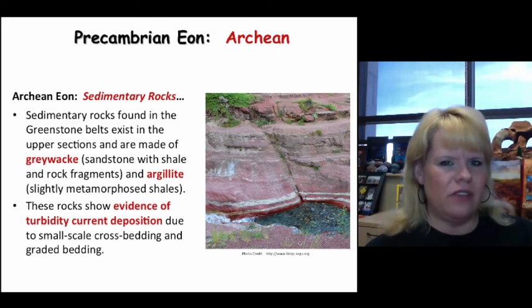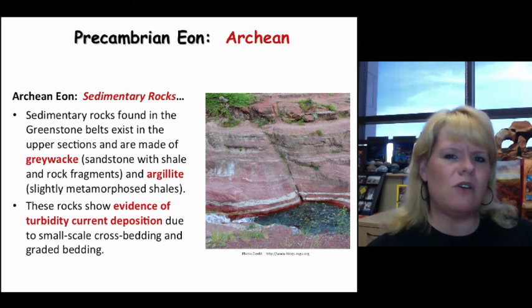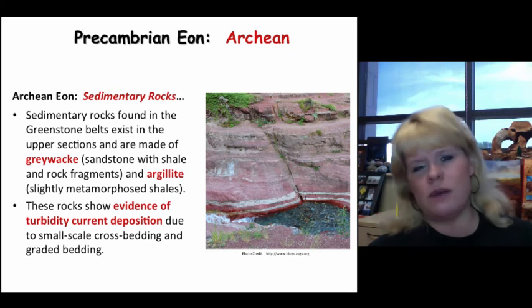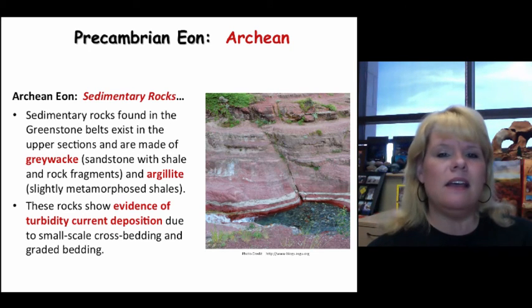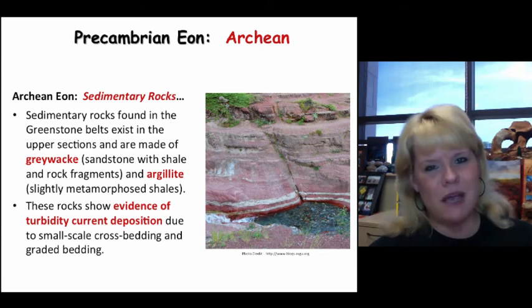Rocks found in these environments also show indications of being impacted by turbidity currents, which also shows us that there were rivers in place. They show small-scale cross-bedding in tune with fluvial deposition and even graded bedding. So we know by the Archean we started having river systems in effect and oceans that could produce graded beds as well.